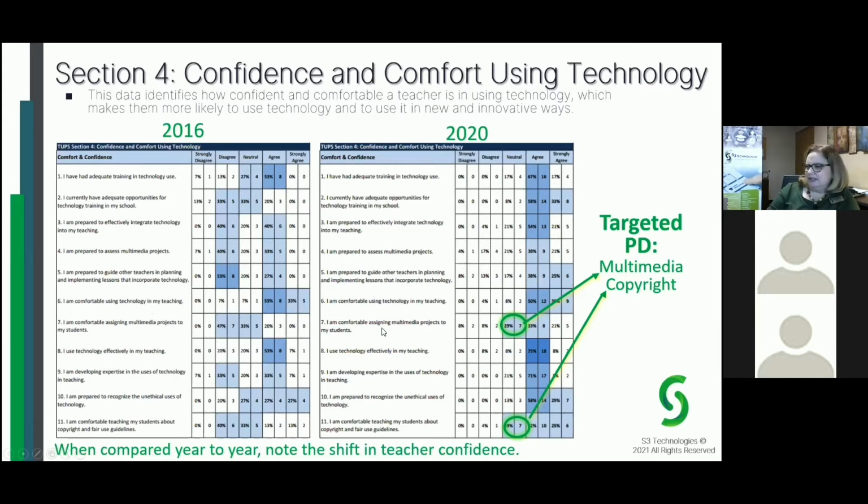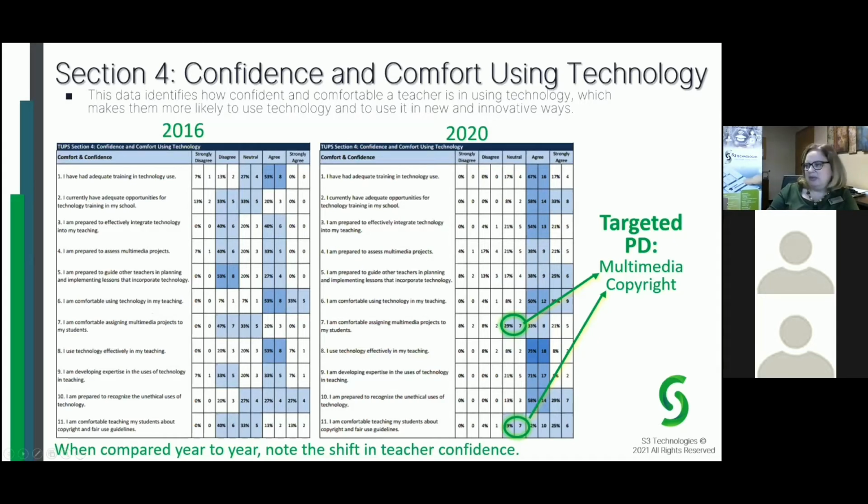So for instance, I'm comfortable assigning multimedia projects, and I'm comfortable with copyright. You can see that those numbers moved up to more of the neutral or agree area and less of the disagree area, because we had targeted professional development that year. So again, that was a nice way to say, okay, they got something out of it.